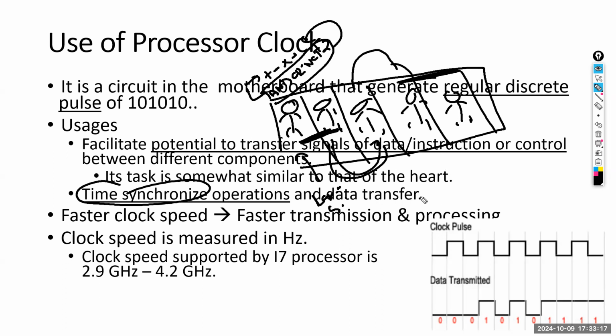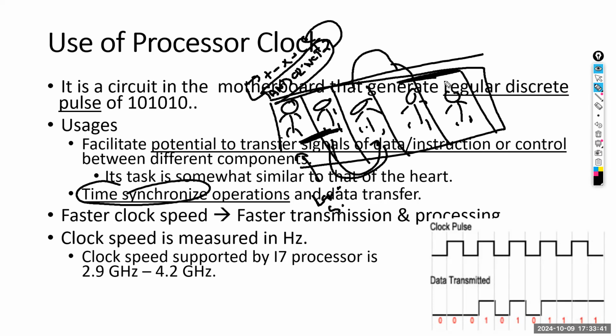A very good example of time synchronization is, have you seen an orchestra, music groups? We have a violinist, a pianist, someone who plays guitar, and someone who plays drums, a set of people.